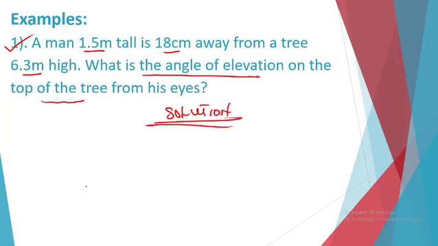So let us start. We have the point where the man stood. This is the point where the man was standing, and this is his height, and we are told that his height is what? 1.5 meters.